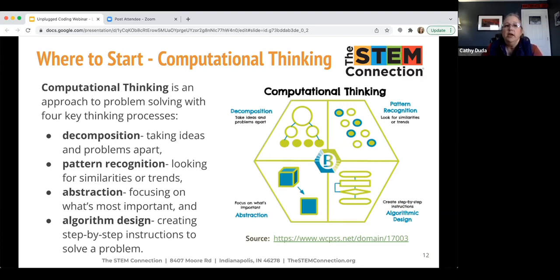Computational thinking is decomposition, taking ideas and problems apart. So it's getting kids to start thinking, and this is not just programming but anything they do in their daily routine: okay, where's the problem?